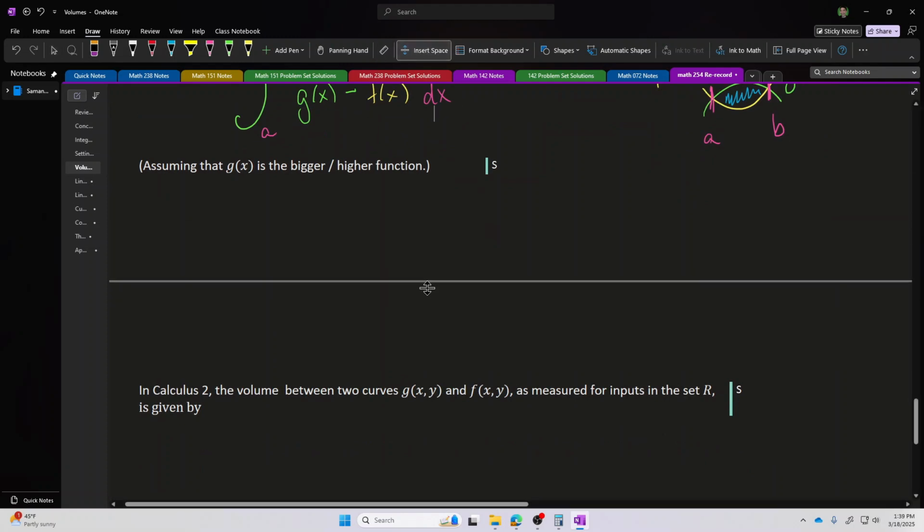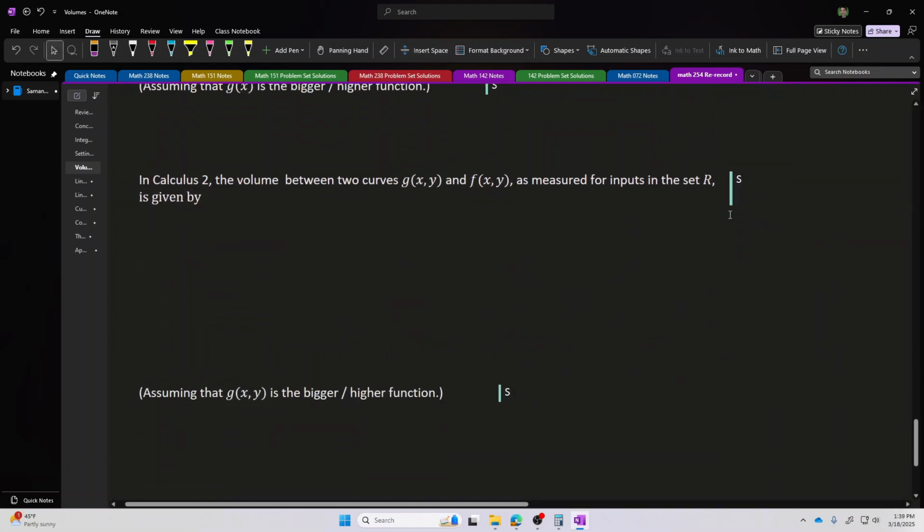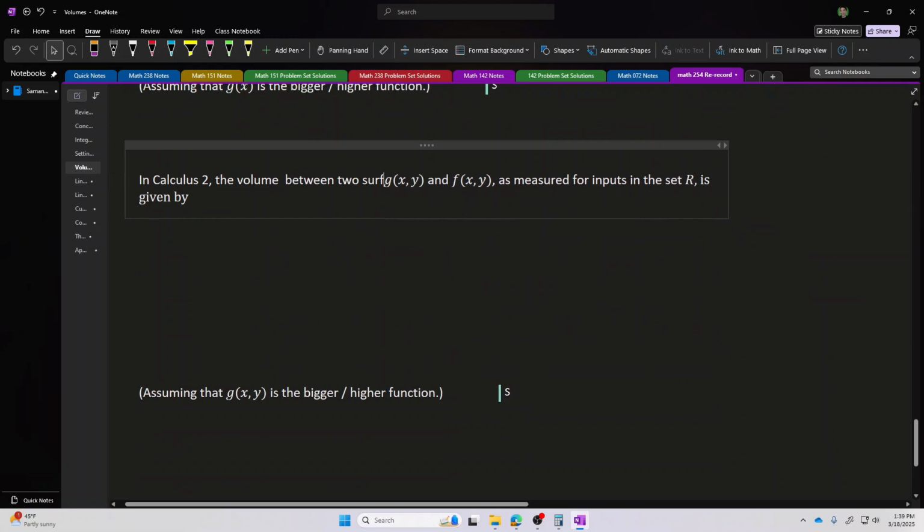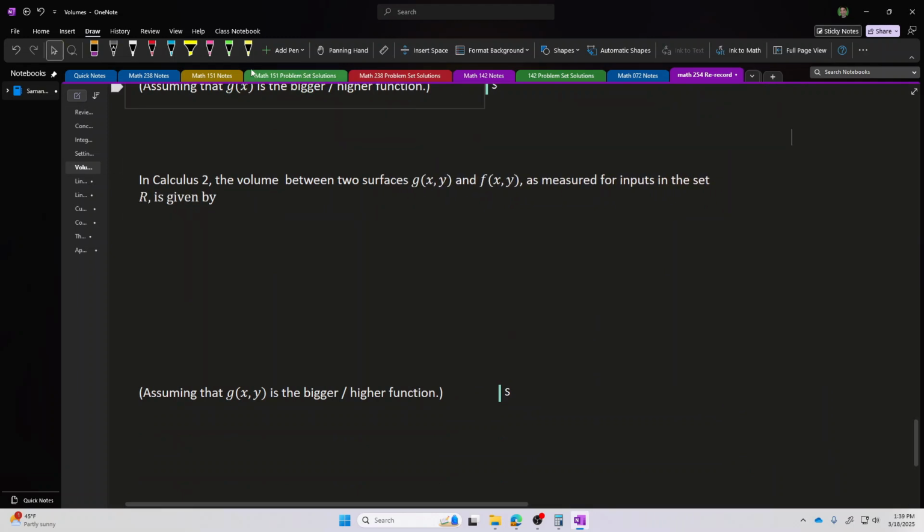Now, the formula is very, very similar to find the volume between two surfaces.